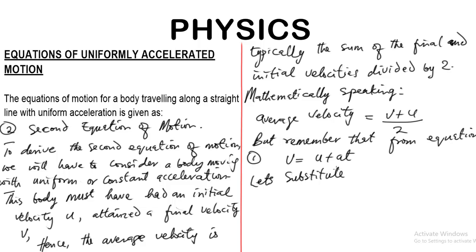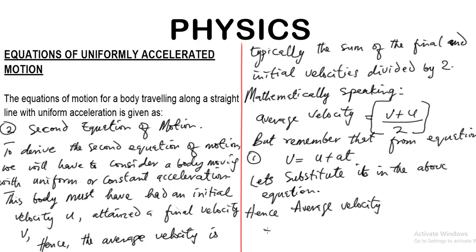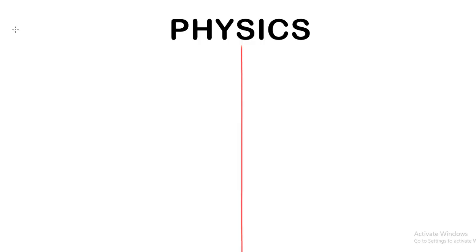So if we substitute v is equal to u plus at in the above equation, which is v plus u over 2, we will now have that average velocity is equal to 2u plus at divided by 2.